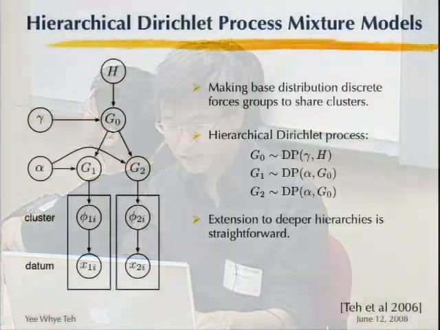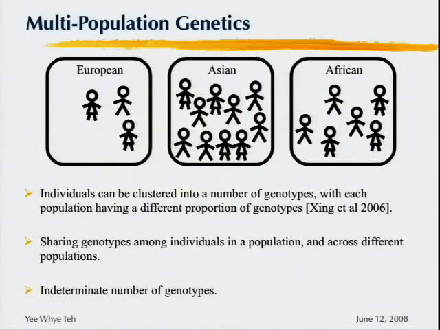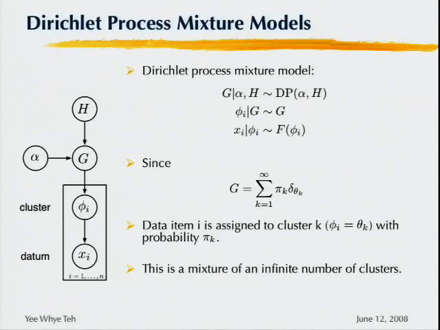Recall that if you have a draw from a Dirichlet process, it is an infinite sum of delta functions here. So this is a draw from your Dirichlet process. It has weights and it has atoms. The atoms correspond to the parameters of the clusters, and the weights correspond to your mixing proportions.